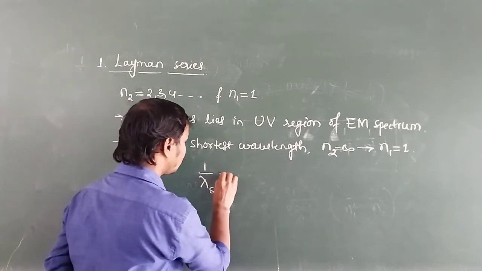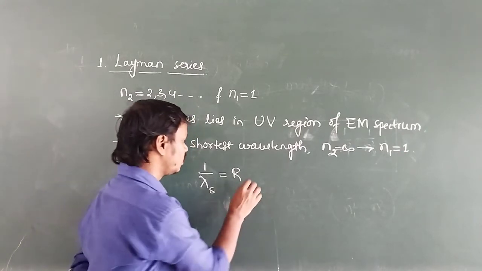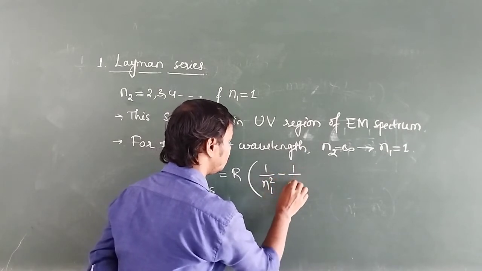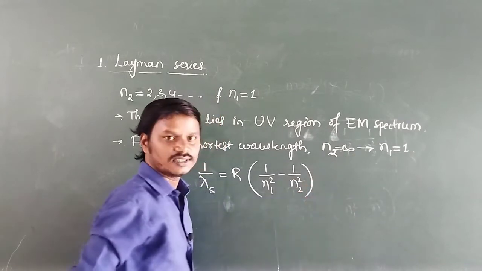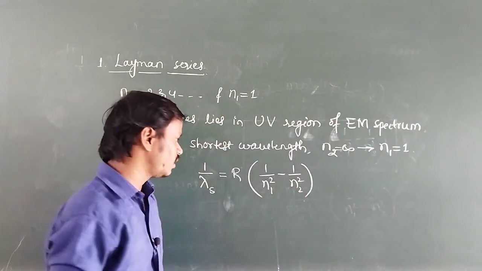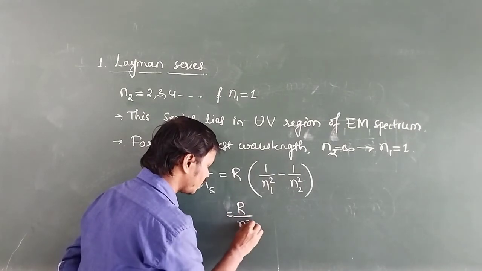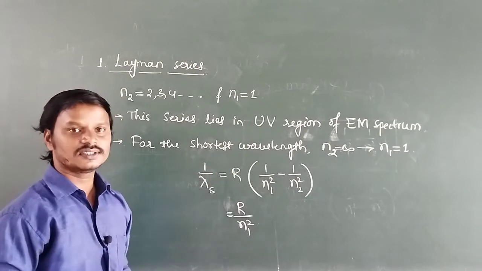That is equal to R into z square. Z is 1 for hydrogen atom. Now, into 1 by n1 square minus 1 by n2 square. Then what about n2? N2 is infinity. Then 1 by infinity is 0. Then this can be written as R by n1 square. This is the formula used to find the shortest wavelength.